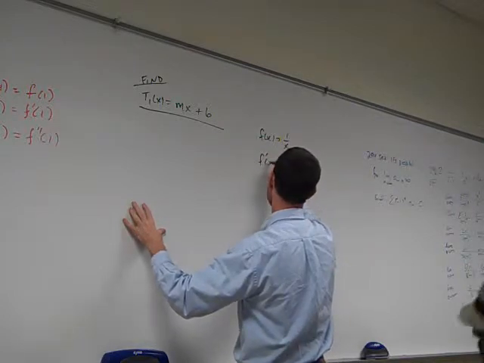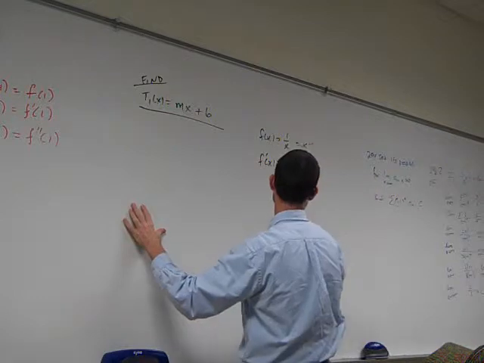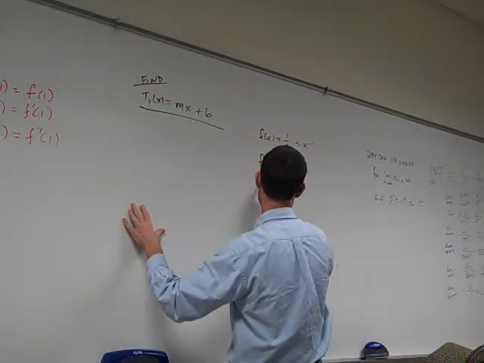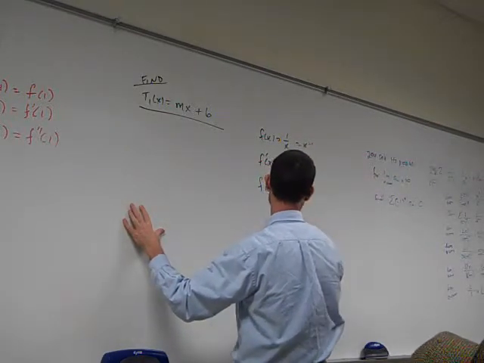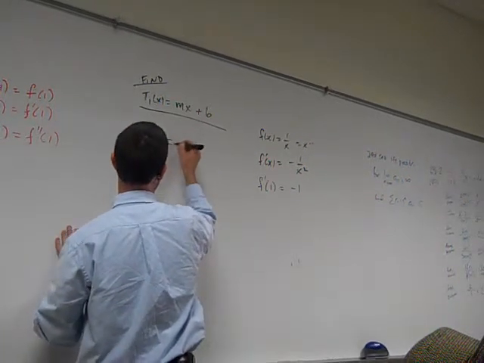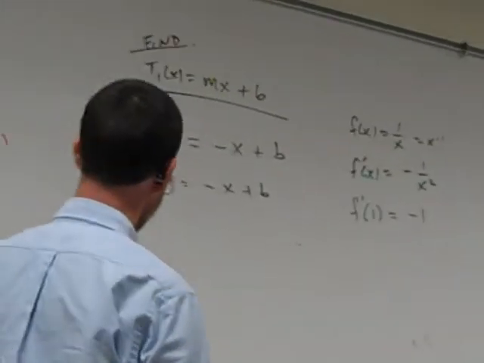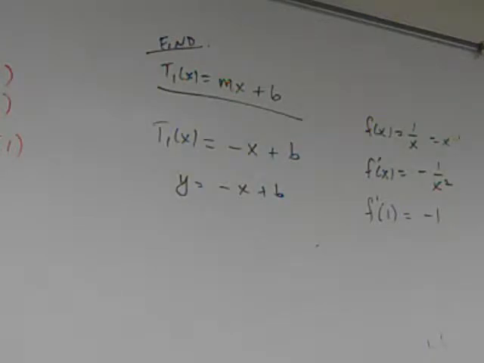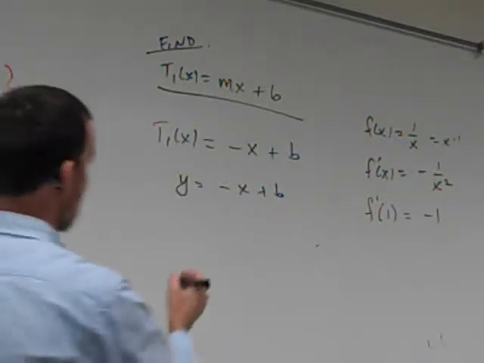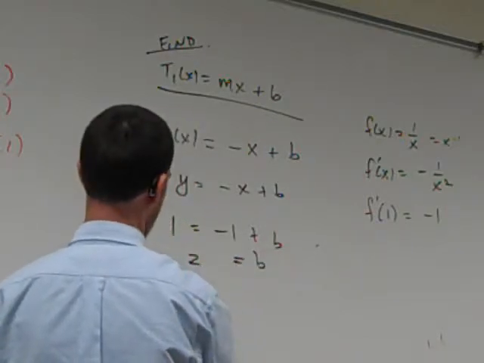The derivative of that, that's x to the negative 1, is negative 1 over x squared, right? So f prime at 1 is negative 1. So my T1 of x is going to be negative x plus b. I want it to go through 1, 1. So I want 1 to be negative 1 plus b. So I want b to be 2.